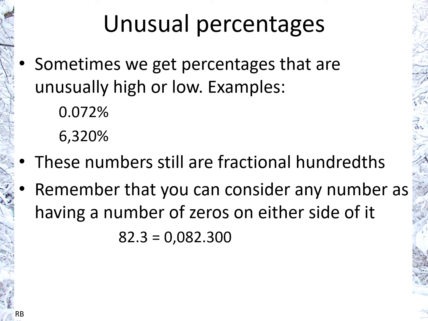So 82.3 is 0 thousands, 0 hundreds, and 82.3. And similarly, 6 is 0 hundreds, 0 tens, and 6, so 006.00. And again, I've added also a couple of zeros on the other side of the decimal place.